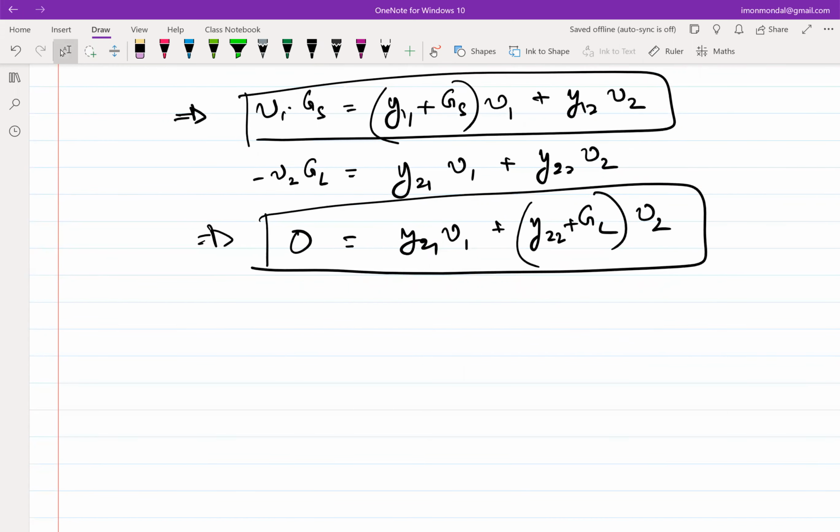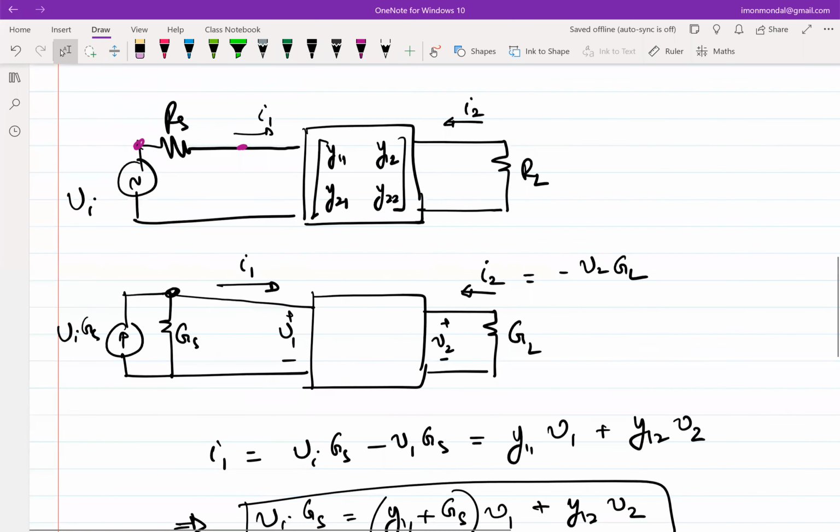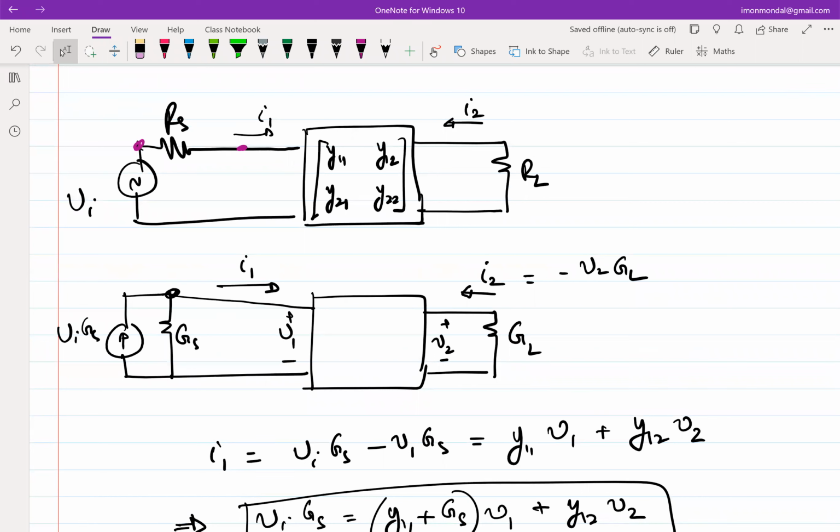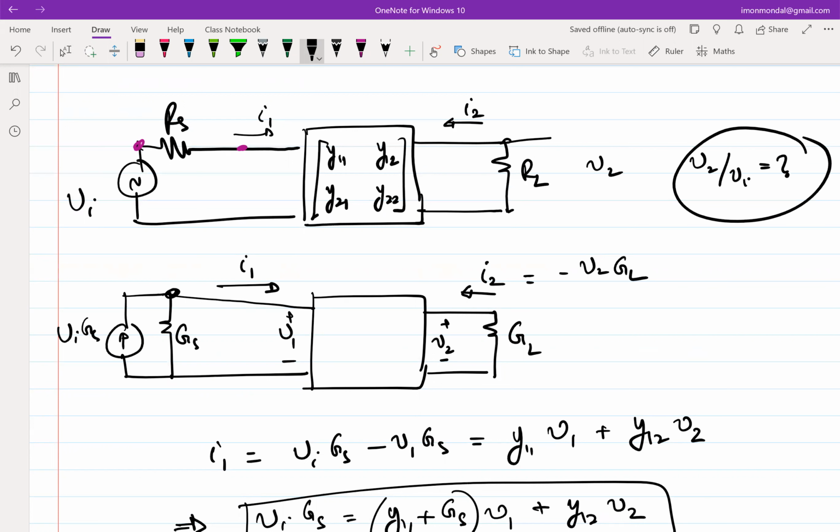Essentially, what are we trying to figure out? We are trying to figure out the relationship between the voltages at these nodes. That is, we are trying to figure out V2 over VI. Because if I know V2 over VI and I can show that there is an amplification, that is essentially what we are after. Right?